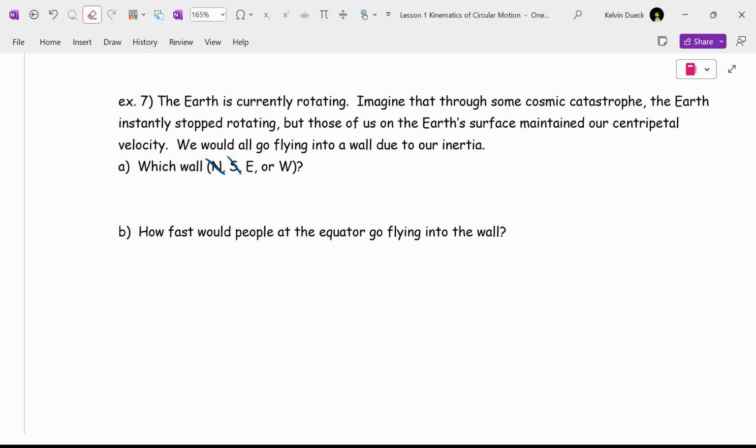So for the sun to appear to move from east to west, which way must the earth be moving? If it looks like the sun is moving in this direction, which direction must the earth be turning? Earth is moving that way. Earth is moving east. So I'm sorry, Daniela and Abby and Peter, you're the ones that are going to get squashed. It will be short, but we would all go flying into the east wall.